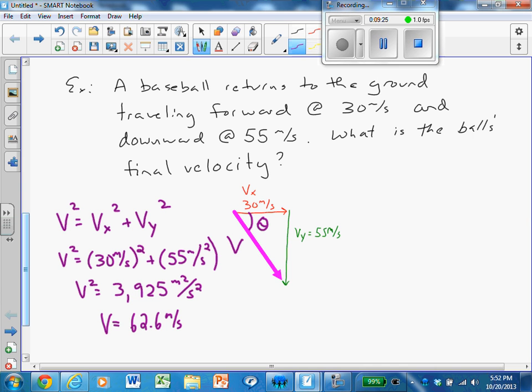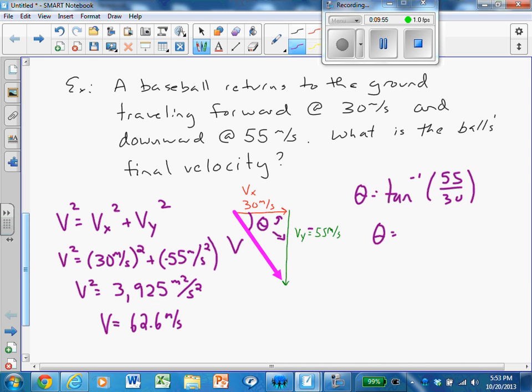We'll use the angle to define direction. And since we have the opposite of the angle and the adjacent, we can use a tan inverse of 55 over 30. This will give me a positive value because I use positive 55, even though it's really going down, so negative would probably make more sense.